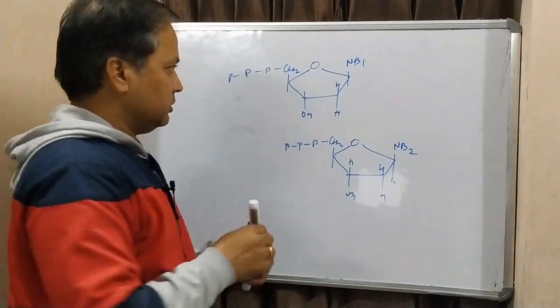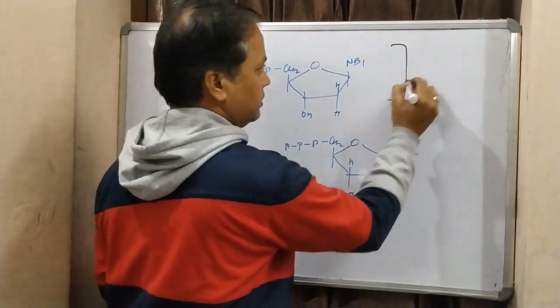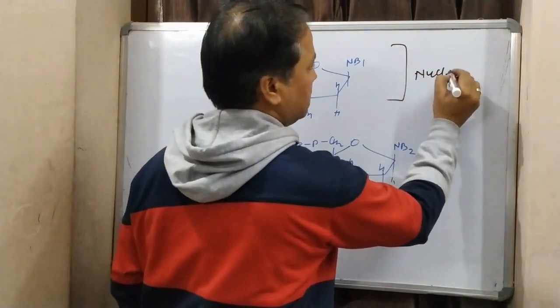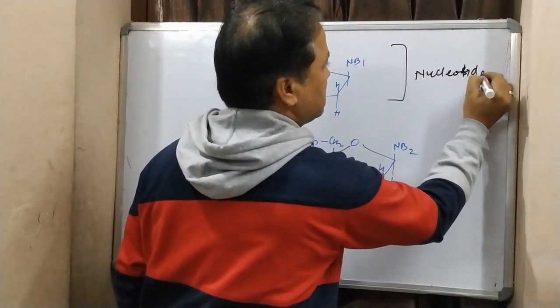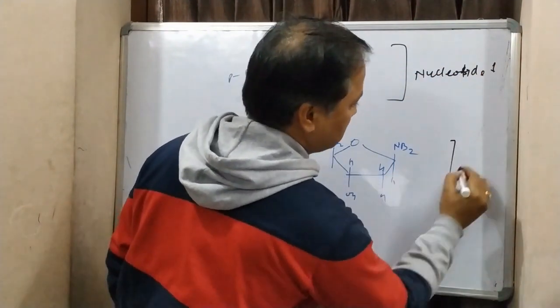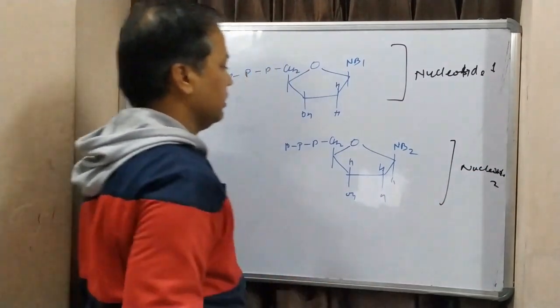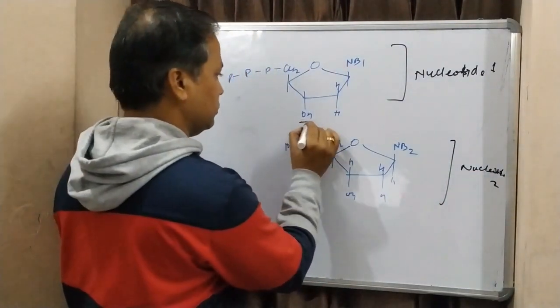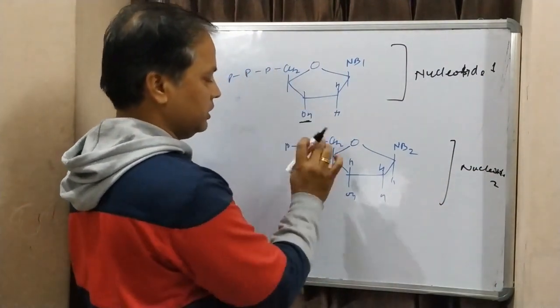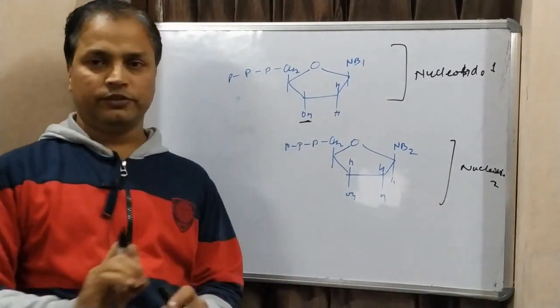So this is one nucleotide, nucleotide 1, and this is nucleotide 2. I have told you this 3' OH is going to combine with the 5' phosphate.